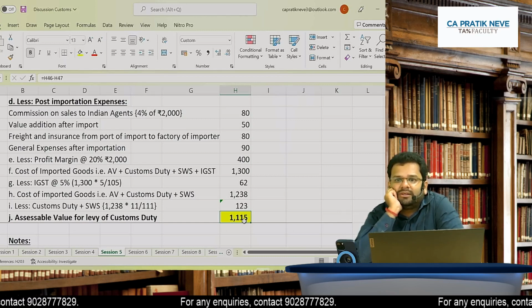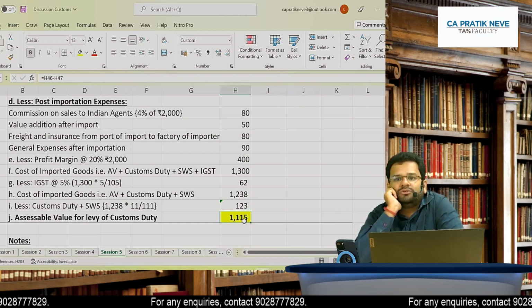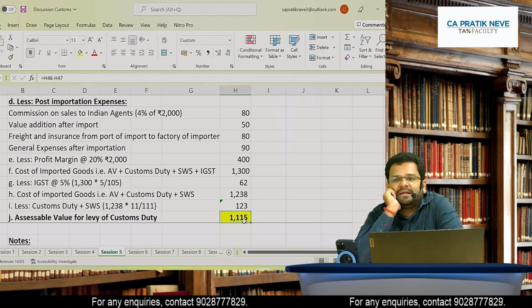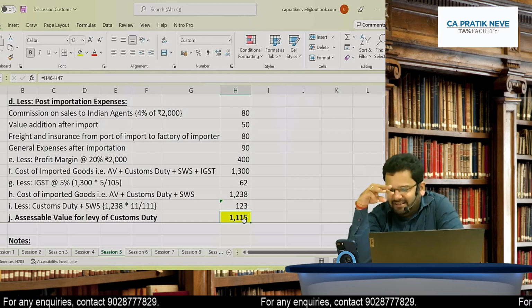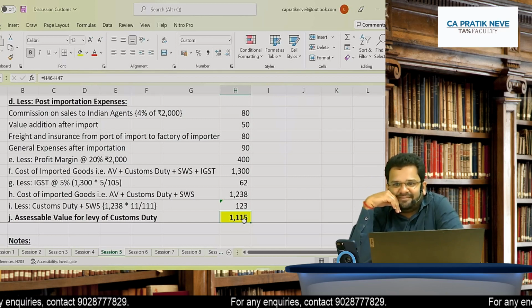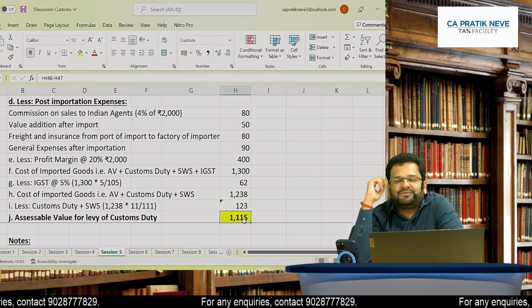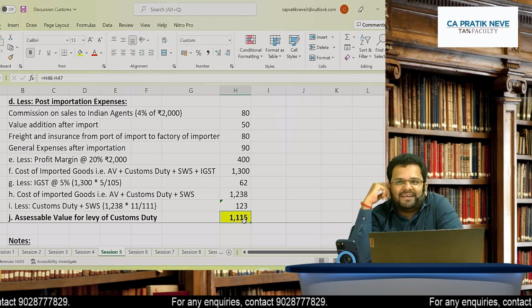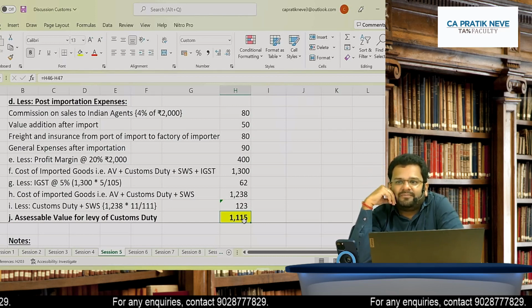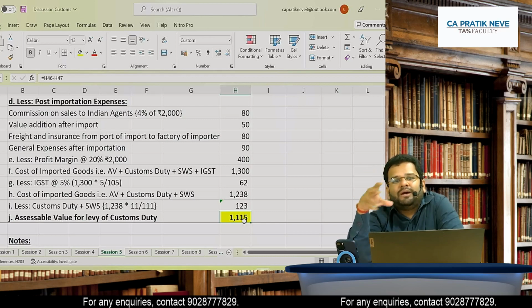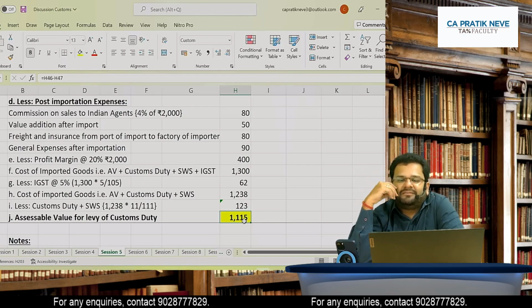Agreed all of you? How you have to go reverse? Selling price of goods in India minus taxes in India on selling, that is GST. You will get the selling price without GST. Then subtract, first of all, the profit margin, and subtract all value additions and costs in India.